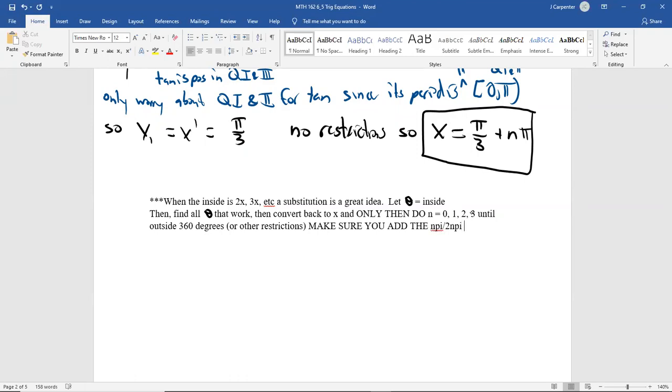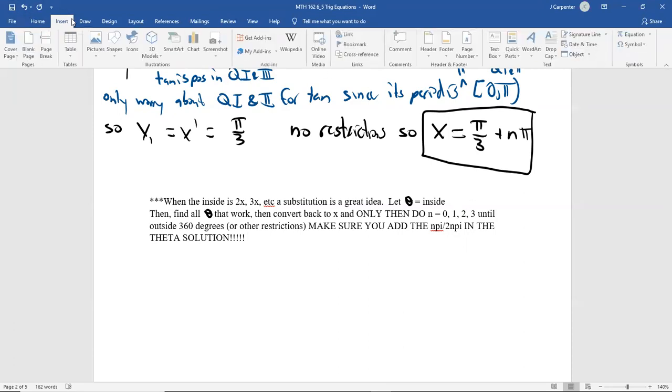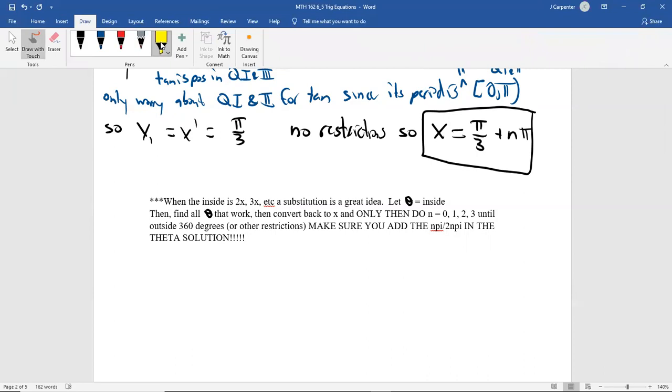I'm not saying divide, I'm saying whichever it is, in the theta solution. 5 exclamation marks. This is the thing that people get wrong. By this I mean when you add the 2n pi or the n pi part.